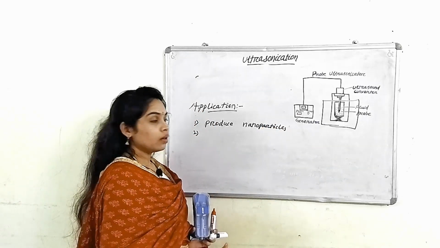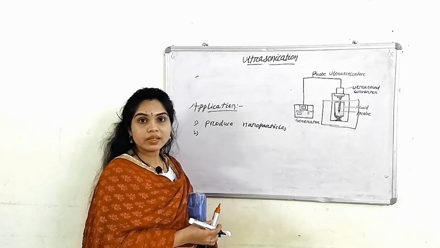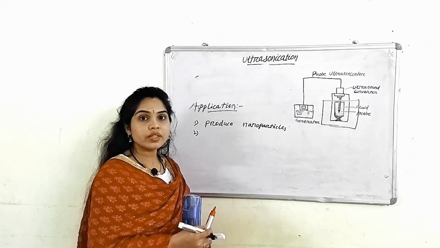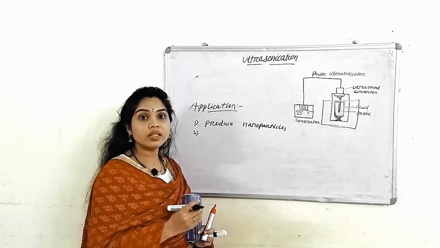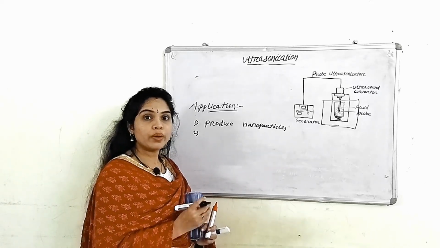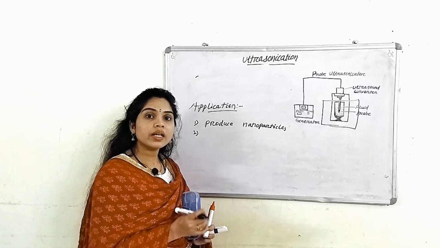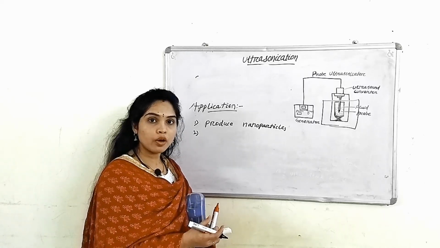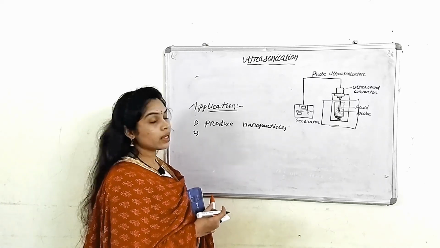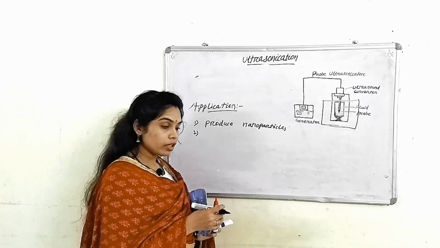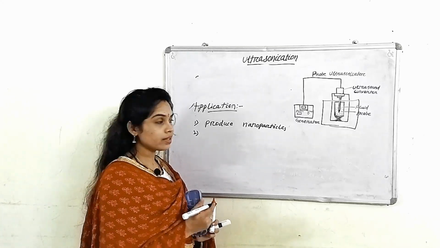Secondly, if we are taking some biological samples, this ultrasonication or the high frequency sound wave is used to distort or to break the membrane so that the intracellular content of the cell will come out, and we can quantitate or examine whatever quantity is present inside a cell.